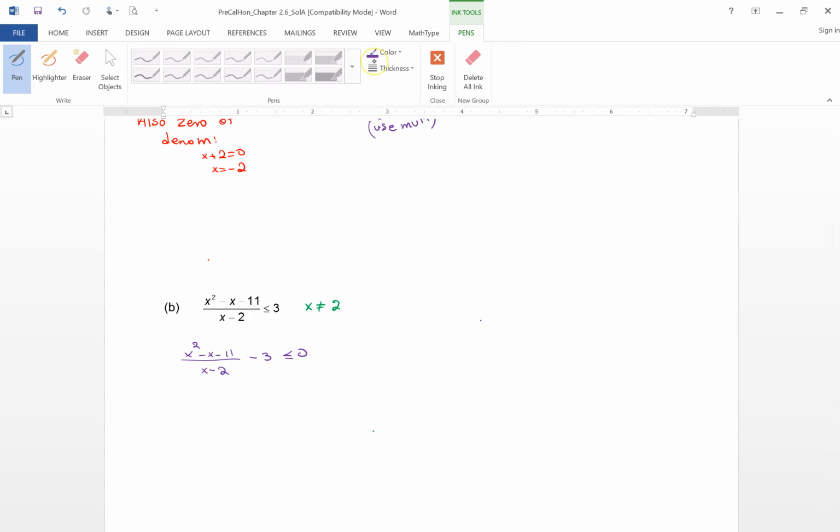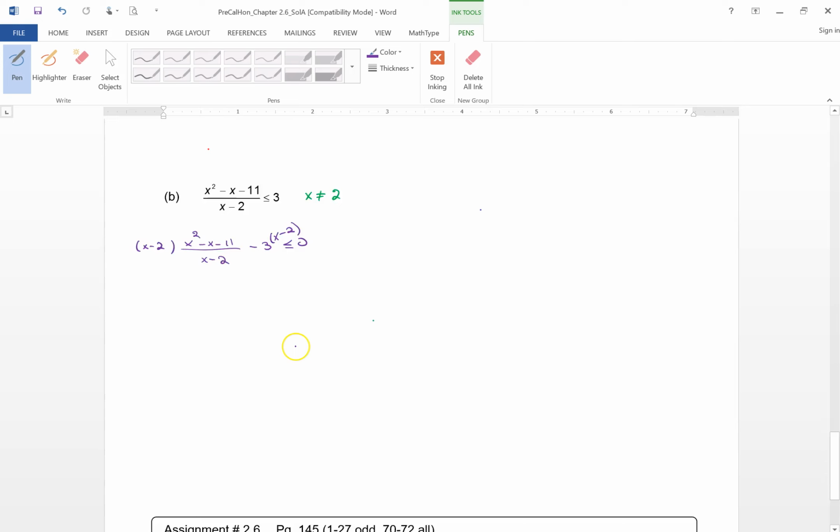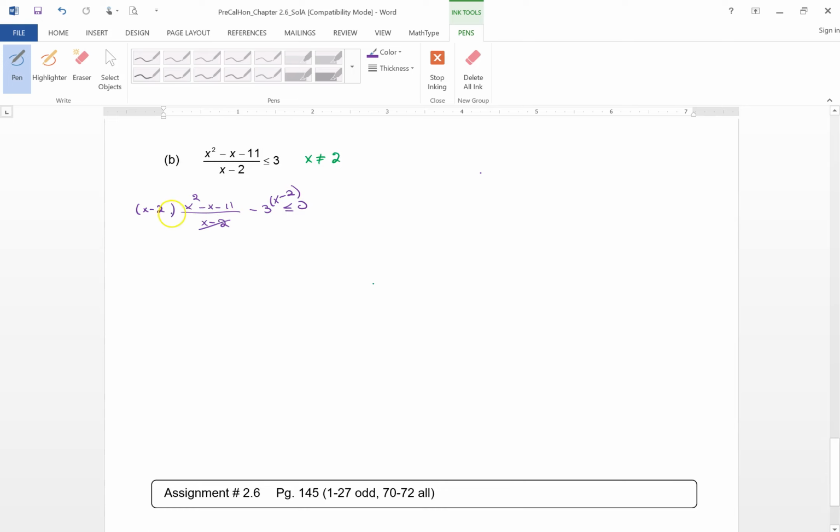So I'm going to multiply everything by the common denominator of x minus 2. That means here I get x squared minus x minus 11 minus, when I distribute, 3x plus 6, x squared minus x squared minus 4x minus 5 less than or equal to 0.